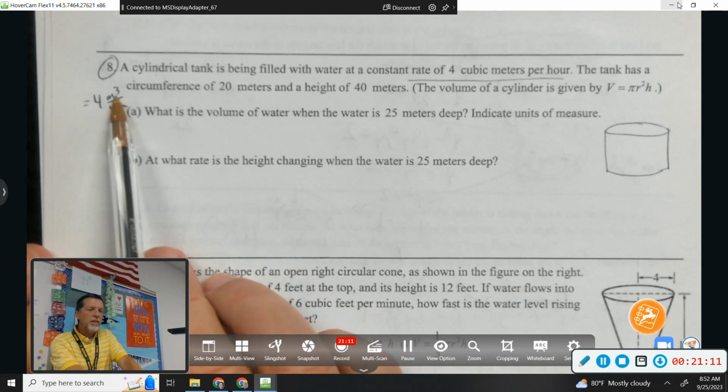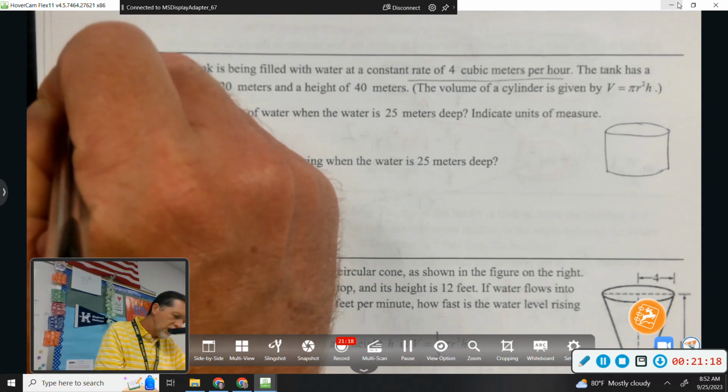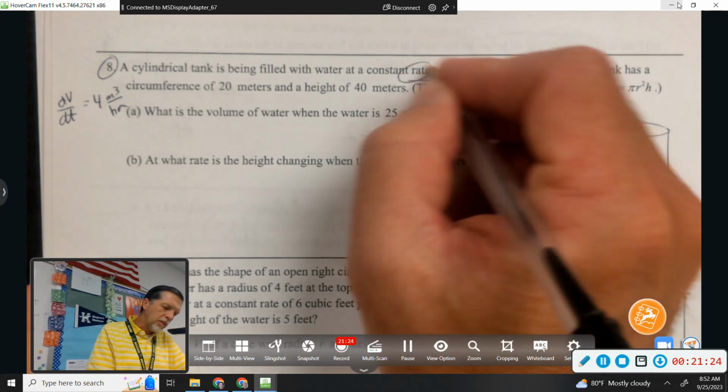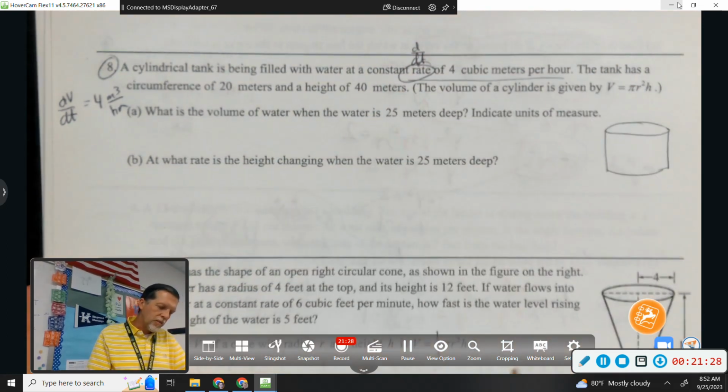What's meter cubed a measure of? Volume. So this is change in volume per time, so dV/dt. Again, the rate tells me it's a derivative, and cubic meters tells me it's volume.